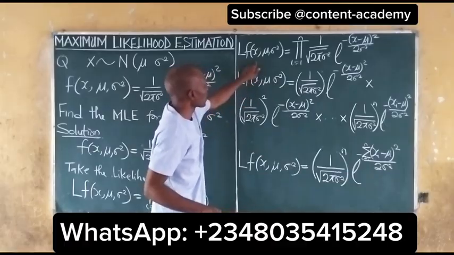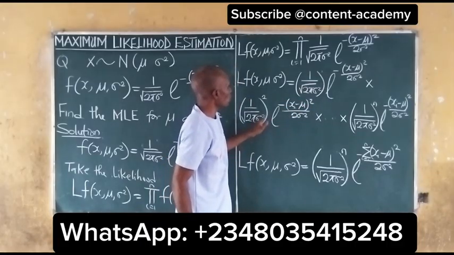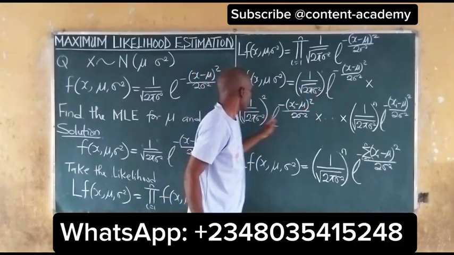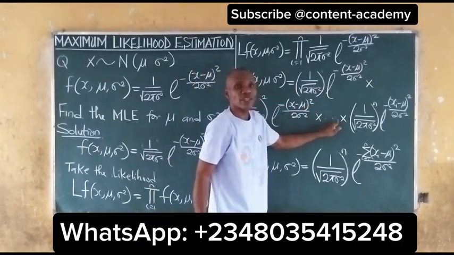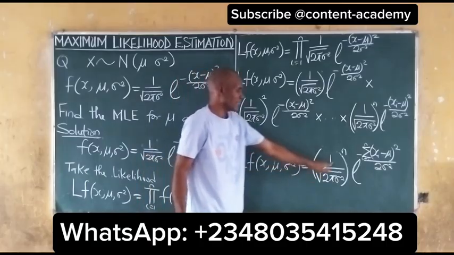If you take the product of the normal distribution, this is what we get. Now, our likelihood function is this.